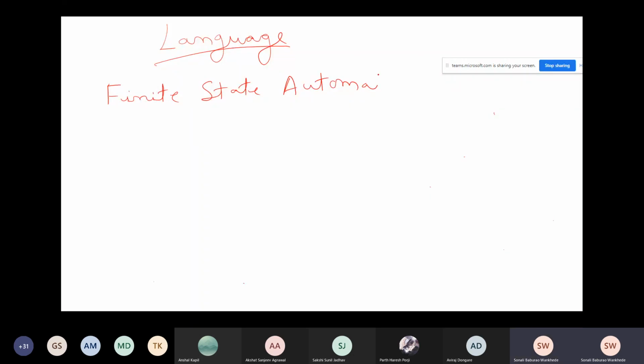Finite state automaton. Now you must be wondering what is the meaning of finite state automaton and why it is required. So in our compiler, we have a portion which is reserved for lexical analysis.